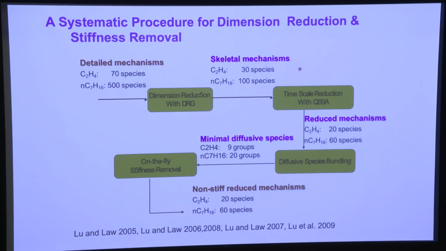So starting with a very detailed model for ethylene with 70 species and for heptane with 500 species. This is what chemists start with as they compile all of the measurement data from shock tubes and theory and so on.